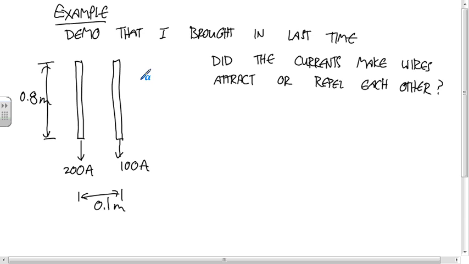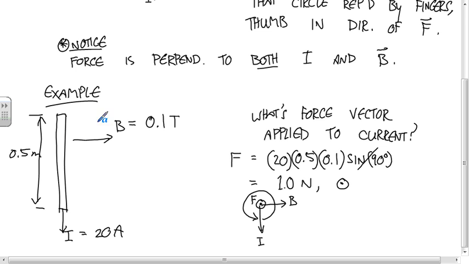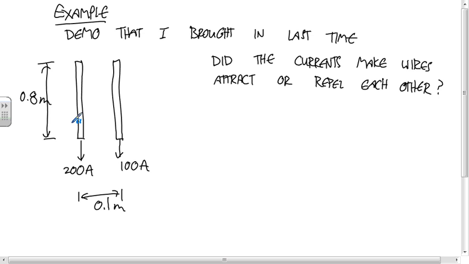Yeah, we're going to get to that eventually. But the first thing I want to get at is, notice in this example, I gave you a magnetic field, and we calculated the force from the magnetic field. I'm not giving you a magnetic field this time, right? So is it even the same thing?